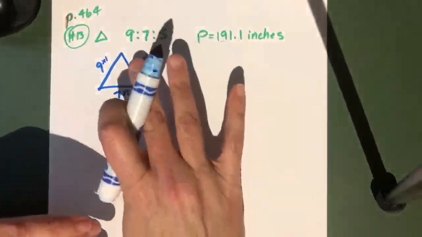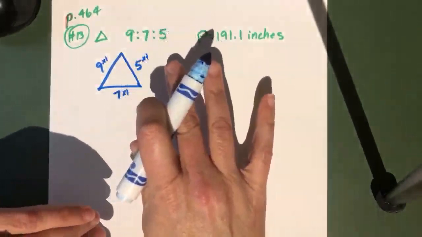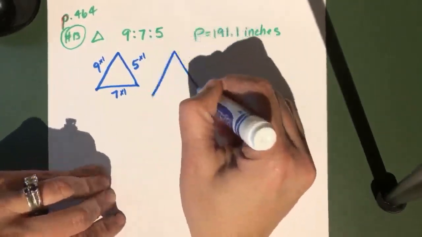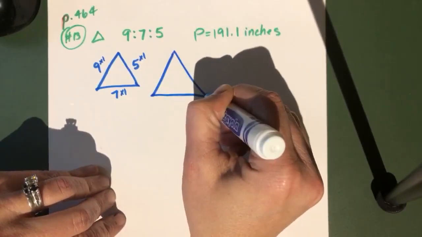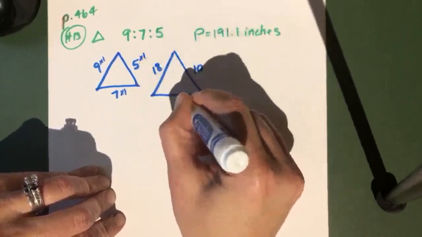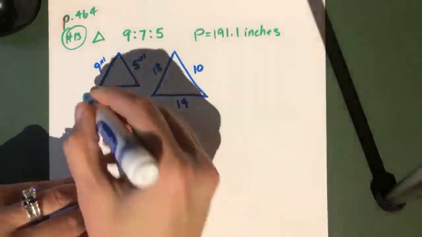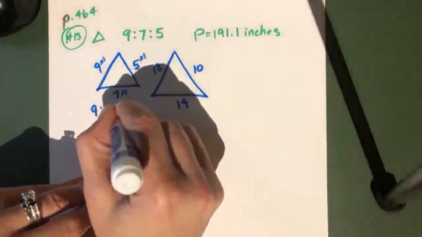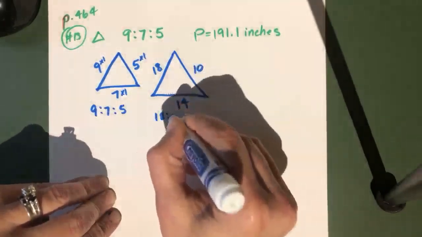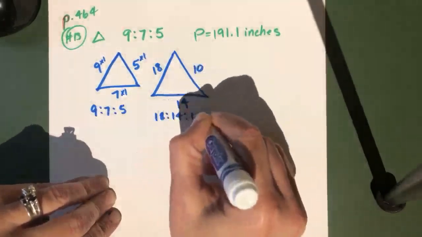What's another triangle we can draw in a 9 to 7 to 5 ratio? Well, I can draw one that's a little bit bigger, and I'm not drawing these to scale, okay? So what if I had 18, 10, and 14? So here, what was my ratio? 9 to 7 to 5, right? Well, here, my ratio is 18 to 14 to 10.